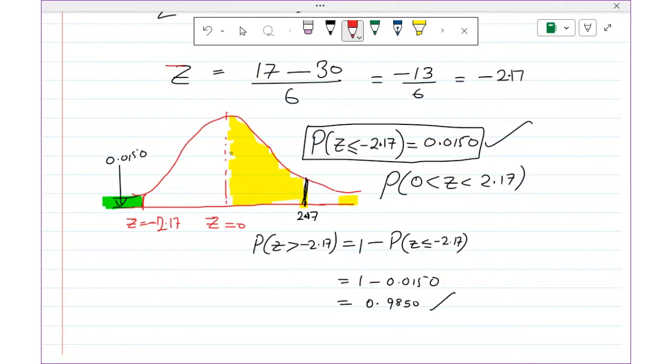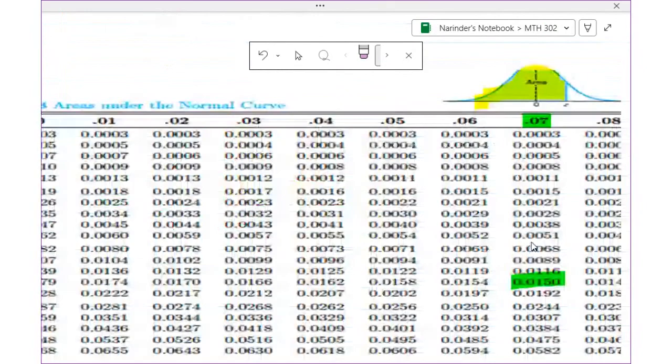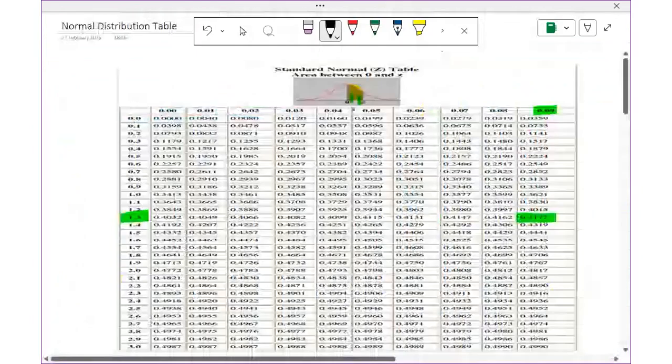So students, can somebody tell me what should our approach be in this case? We are given this shaded area, and I don't know how much it is, so I can see from the table. Now I have to use the other table which gives the area between 0 and z.